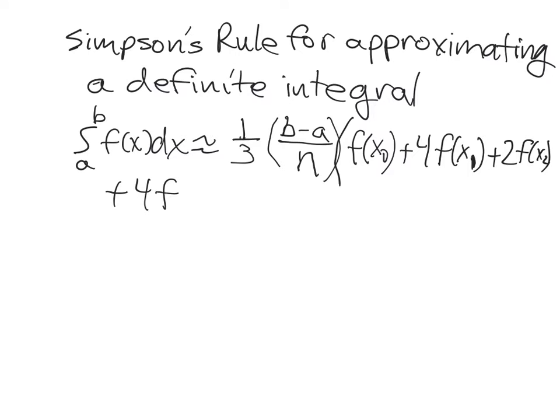Then, with our parabola formula, 4 of the middle one, and then back to 2, and really it just alternates.